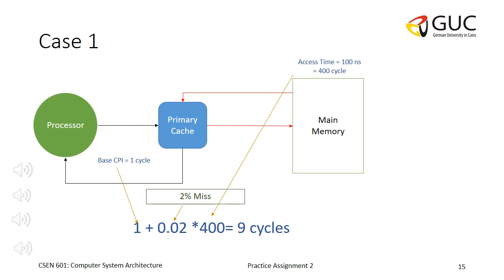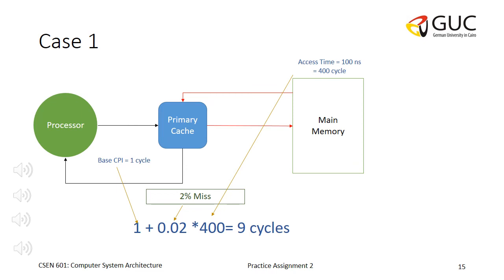So here the total number of cycles is the 2% multiplied by the 400 cycles, which is the cost of the average for one instruction. So if one instruction will miss by 2% and each miss costs 400, we multiply both together, getting the cost of the miss for one instruction, plus the base CPI.